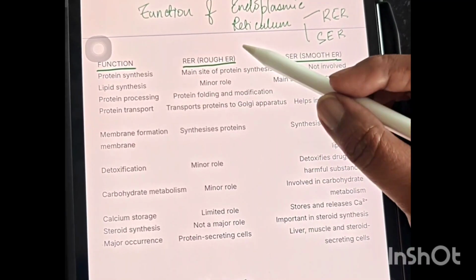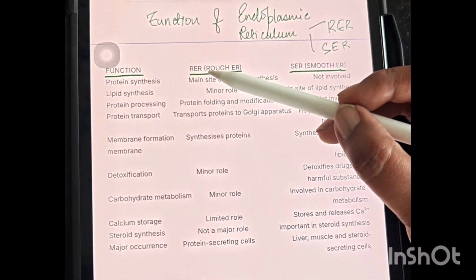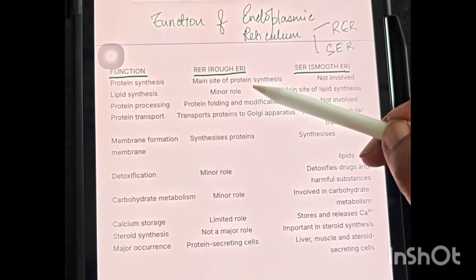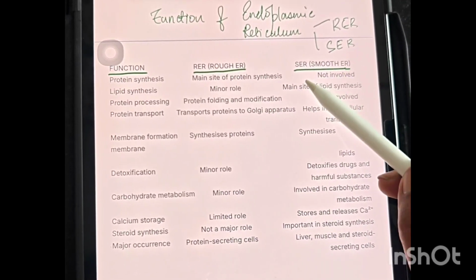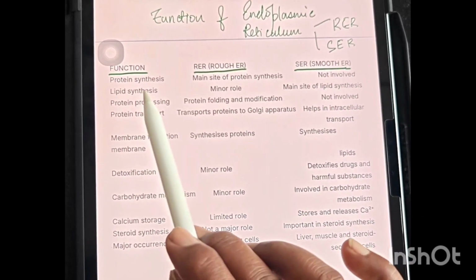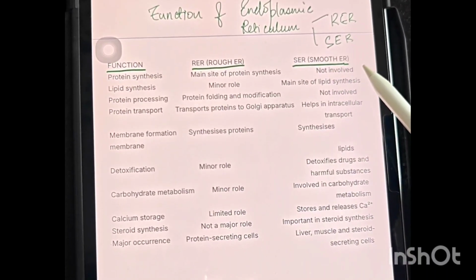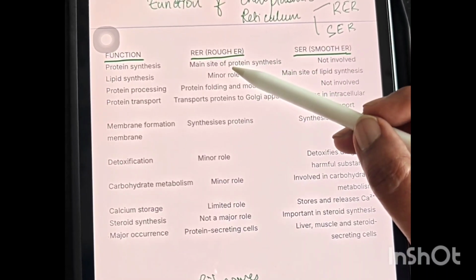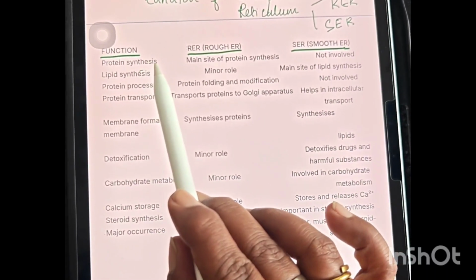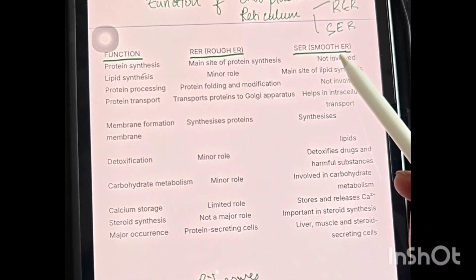As ribosomes are situated on rough endoplasmic reticulum, it is the main site of protein synthesis, and in smooth endoplasmic reticulum, as there are no ribosomes, there is no role in protein synthesis. It is very logical: presence of ribosome means protein synthesis, and no ribosome, no protein synthesis.